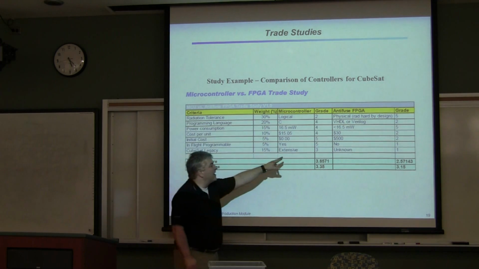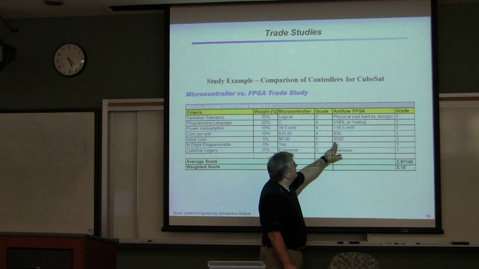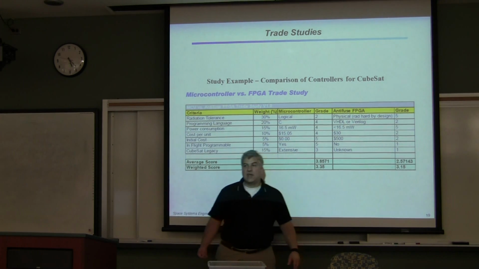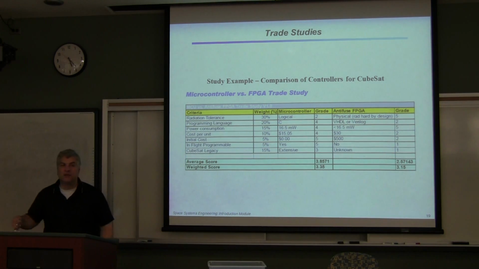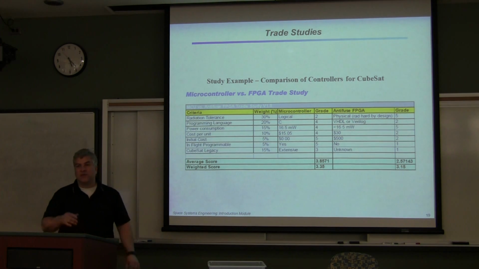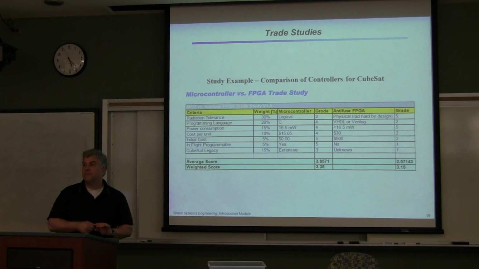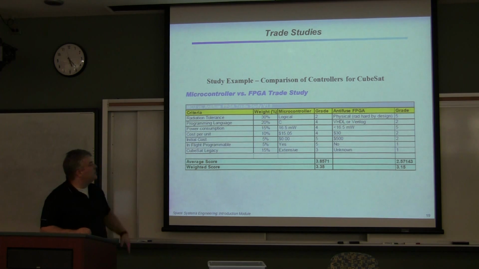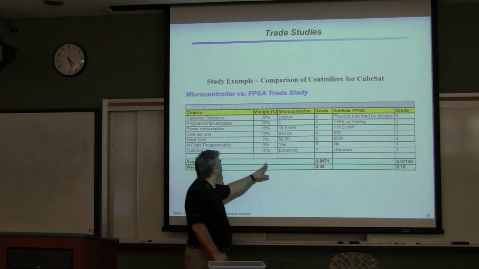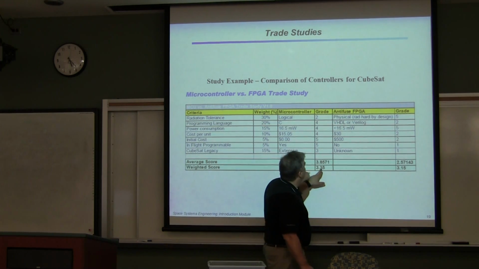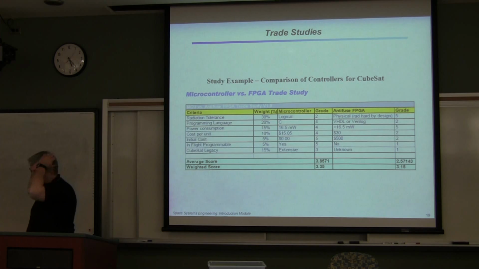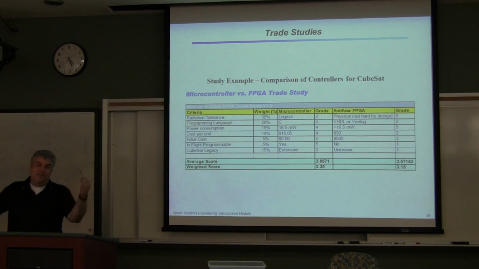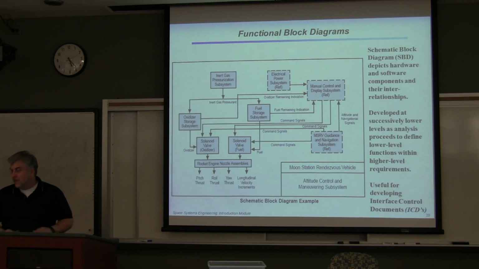By the way, this is not all that correct, because they do have some FPGAs that actually do really well in space for being reprogrammed. In fact, most everything that now goes to Mars is like that. And in the end, they do the analysis, and the weighted score is such that, look at that. It's better to have a microcontroller for their CubeSat. It's another example.